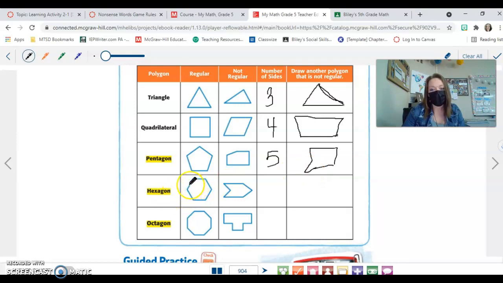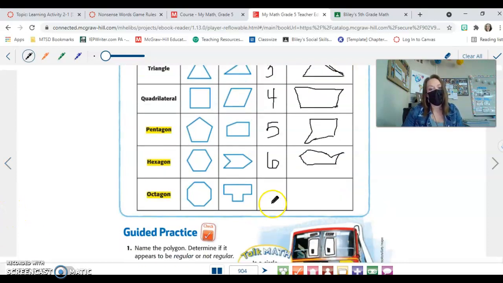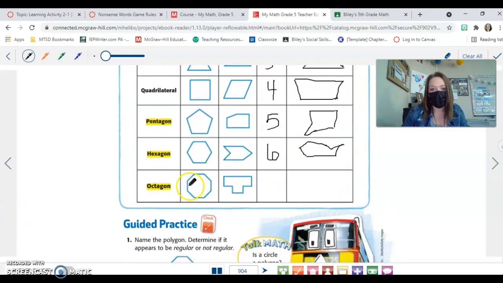A hexagon has 6. 1, 2, 3, 4, 5, 6. As you can see, these are all the same. This is not. Another example is a 6-sided shape. An octagon has 8 sides, just like a stop sign.